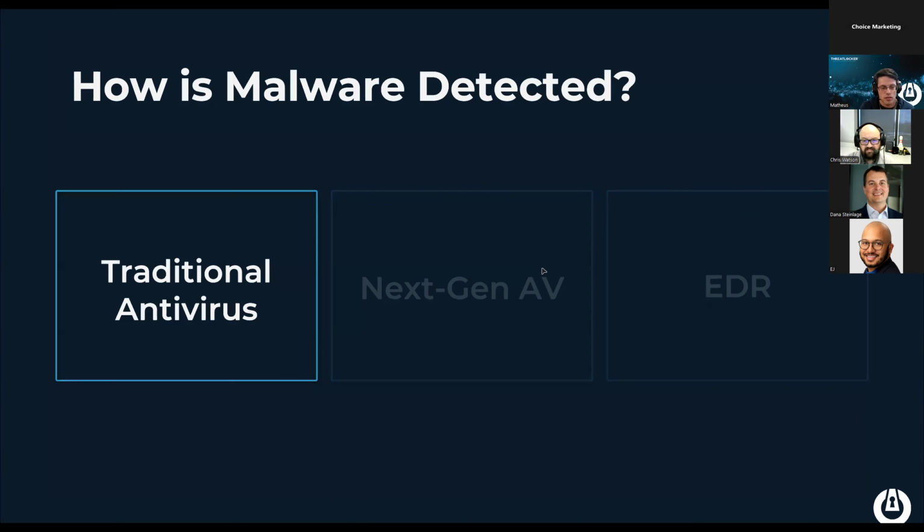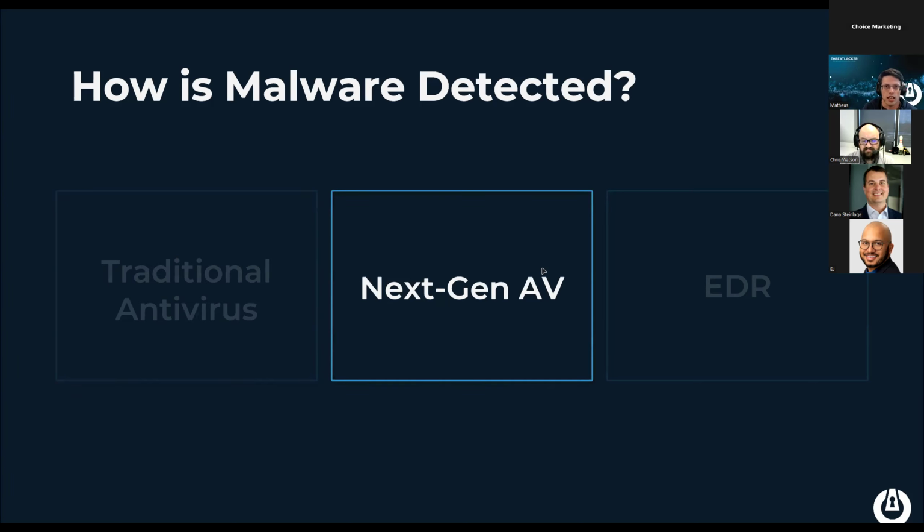And nowadays, here's where the gap is, because how is malware detected? At first we had traditional antivirus, right? You would have a database of hashes and things like that, and it would cross-reference that with what's running in your environment. If it detects that there's something malicious, it's going to try to block it or quarantine it. Then we started working with more advanced AVs, the next-gen AVs, which did a little better job at detecting malicious behavior in your environment.